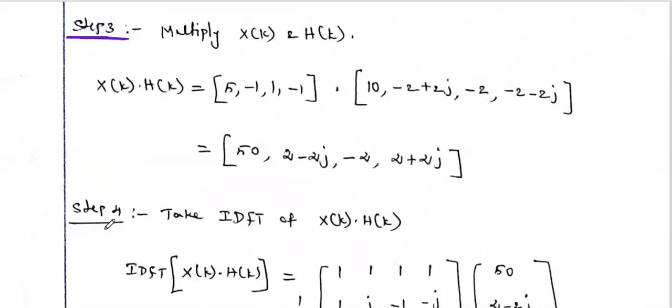What is the fourth step? We take the inverse DFT of this product X of k, H of k, and we will get the convolution answer.